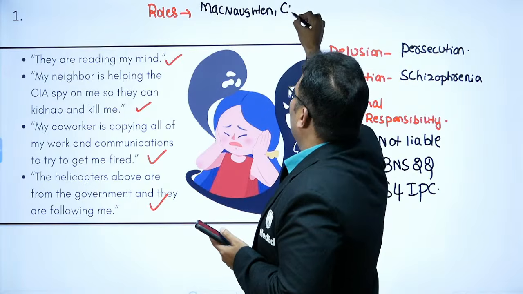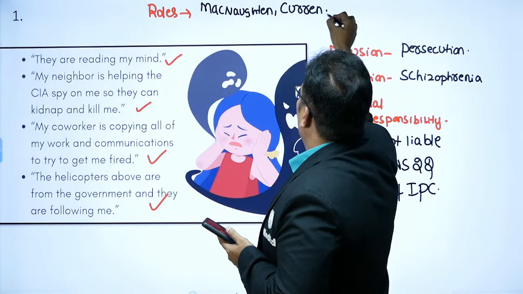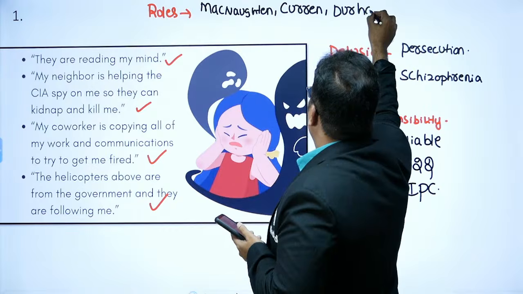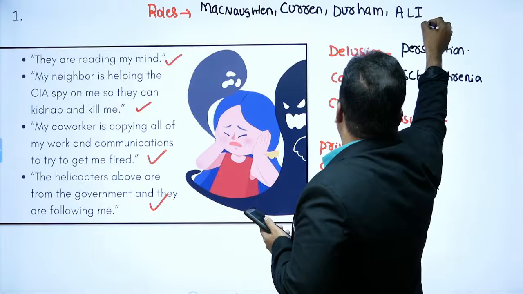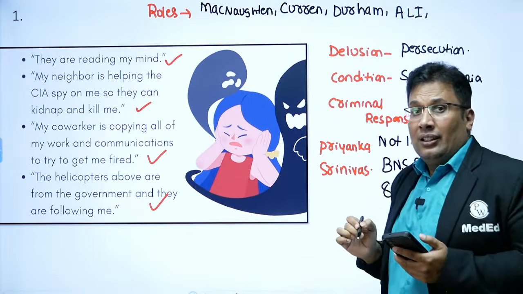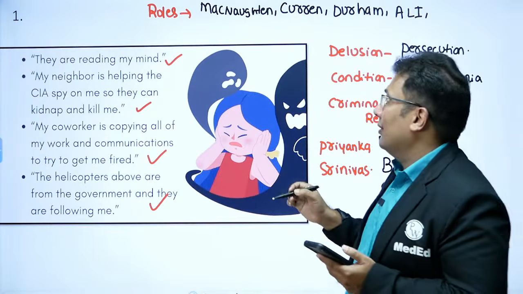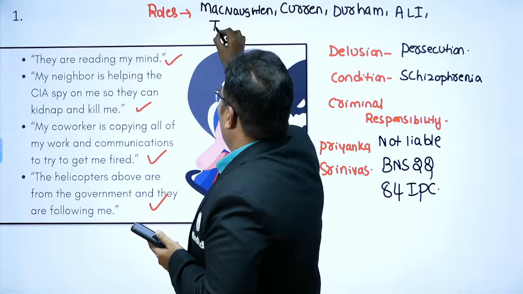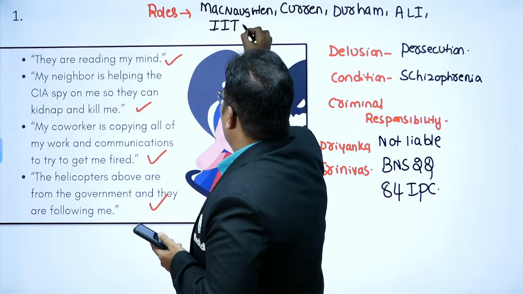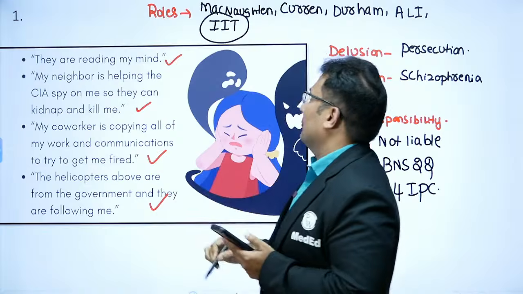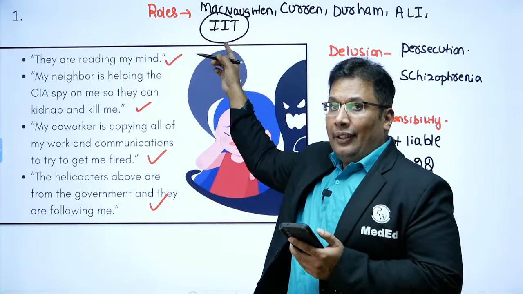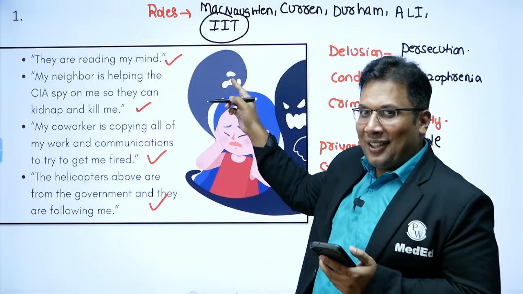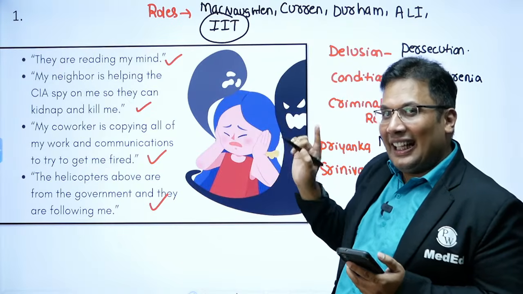Durham. American Law Institute test, ALI. Irresistible impulse test, IIT. So you can write like that, IIT.